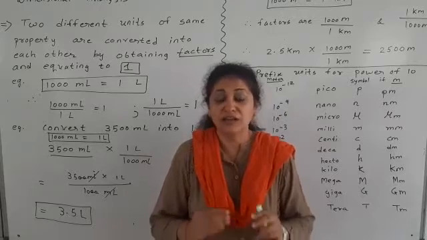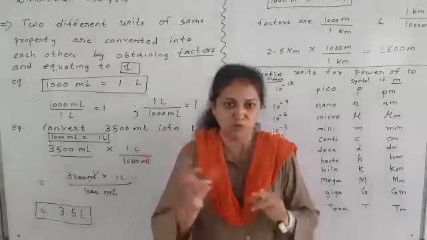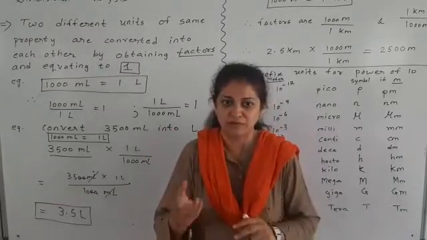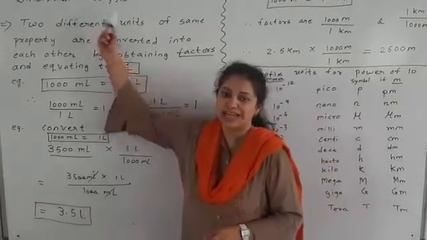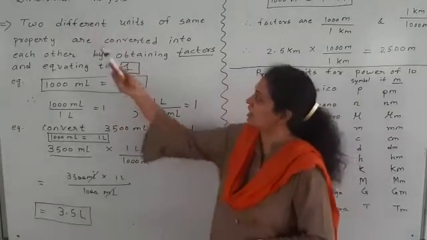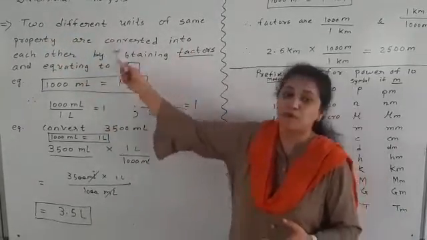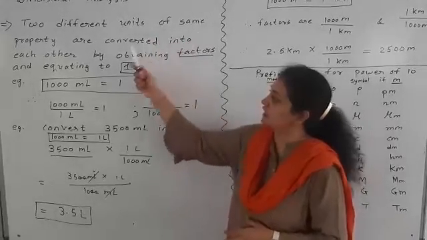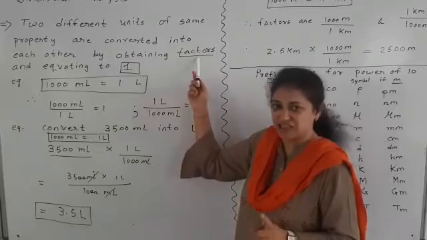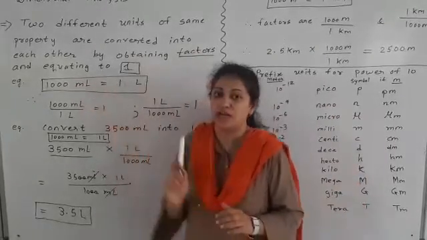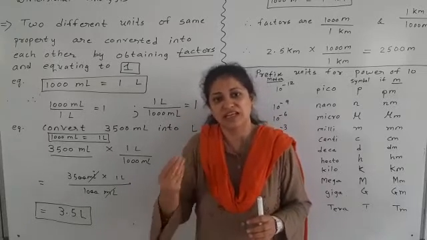So for converting a unit of the same property from macro to micro level or micro to macro level, meaning smaller to larger or larger to smaller, we make use of dimensional analysis. Dimensional analysis is a process in which two different units of the same property are converted into each other by obtaining factors and equating them to 1.